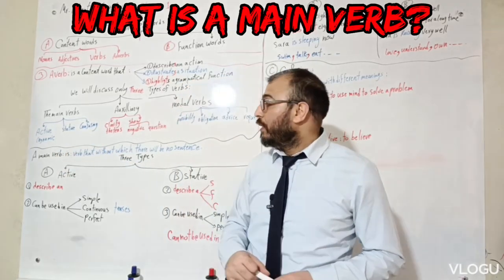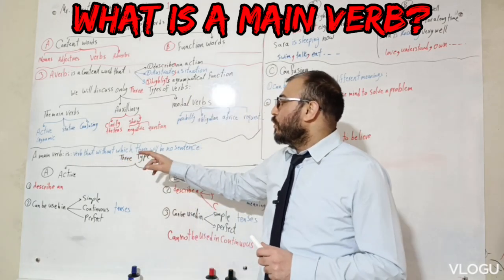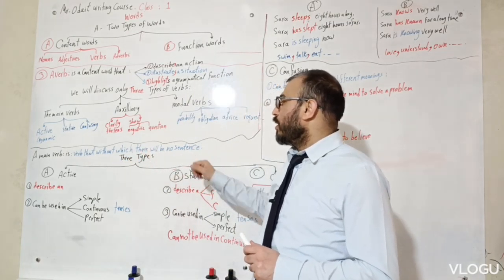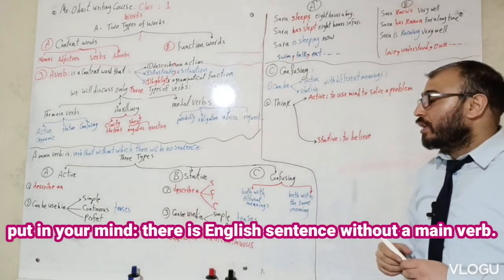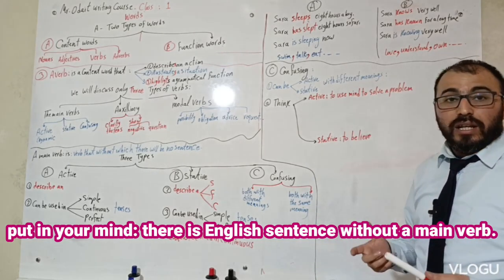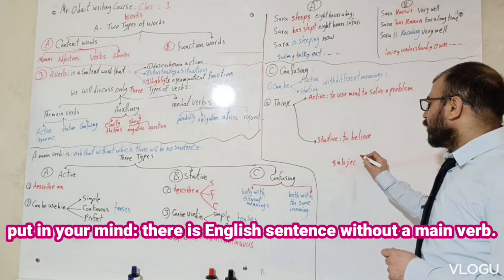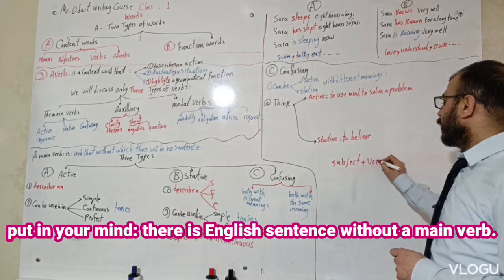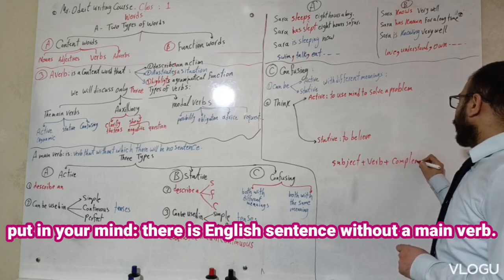So what is a main verb? My friends, a main verb is defined as a verb without which there will be no sentence. As you all know, the main components of an English sentence are the subject plus the verb and the complement.